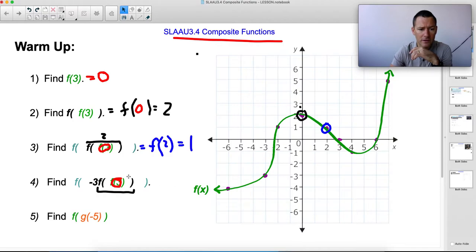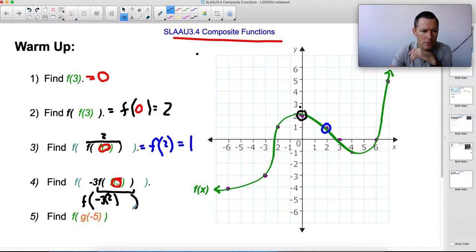So this is 2, times negative 3, which is negative 6. Now we're asking about f of negative 6, and f of negative 6 is negative 4. So this whole thing is negative 4.